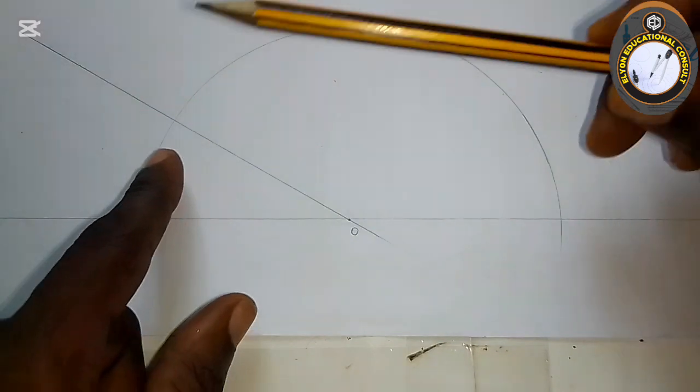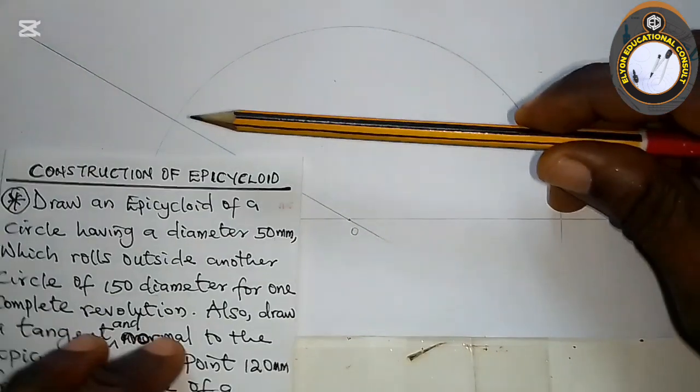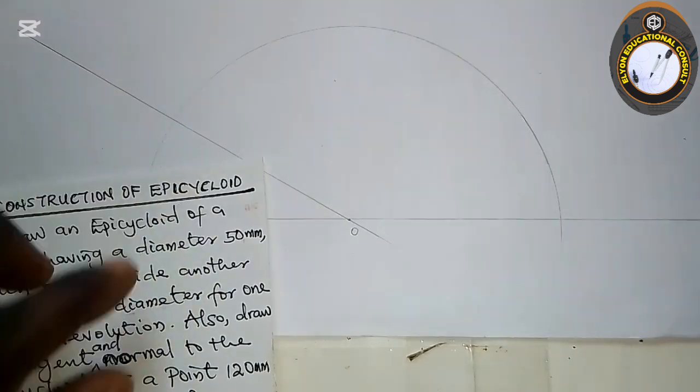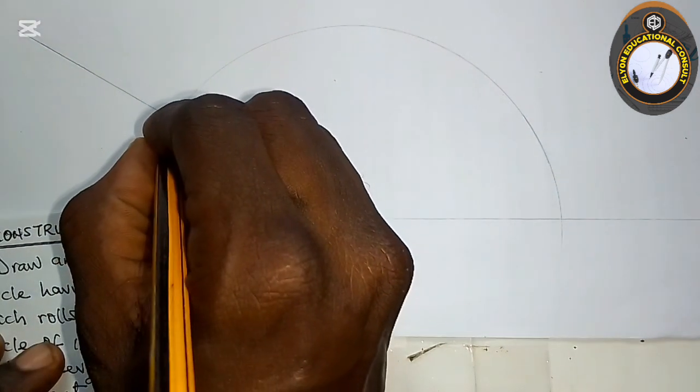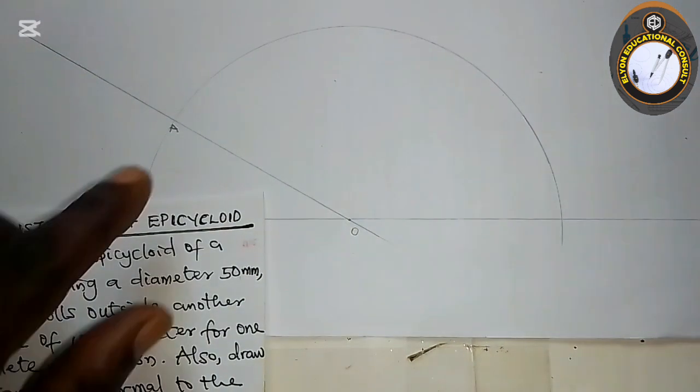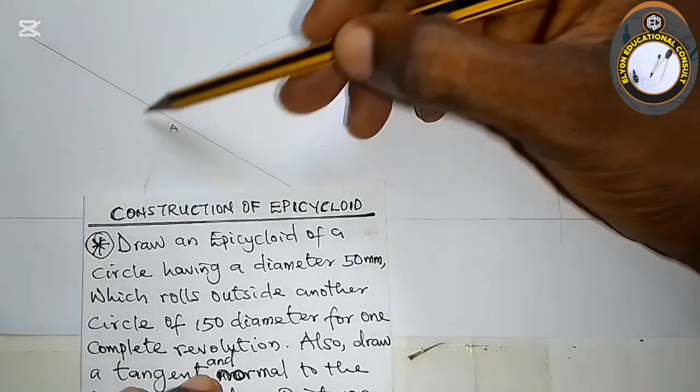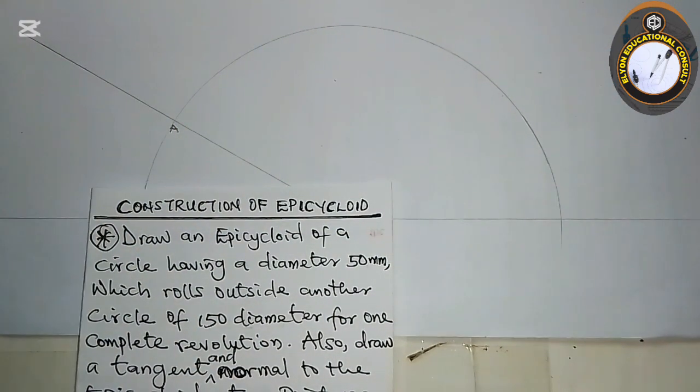For the smaller circle, let's call this point A. We are going to draw the smaller circle using a center on this line.